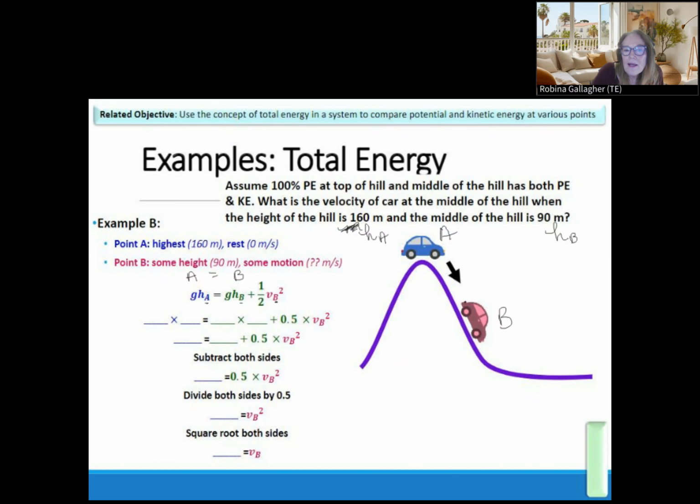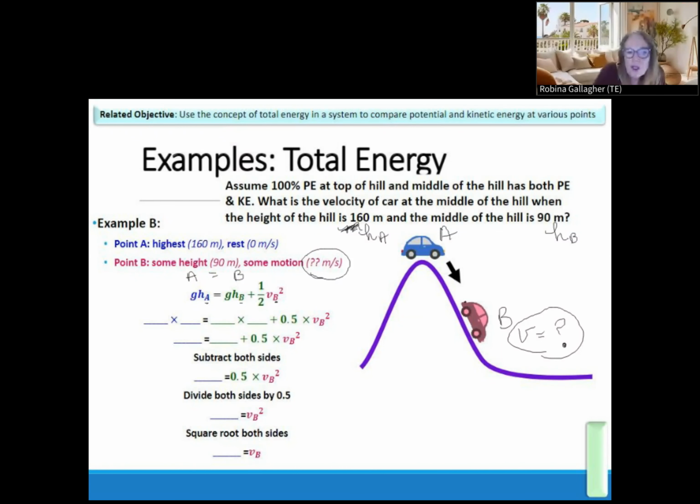And notice that the velocity at point B is what I'm trying to find. That's my variable. So I'm going to have to do a square root again, right?